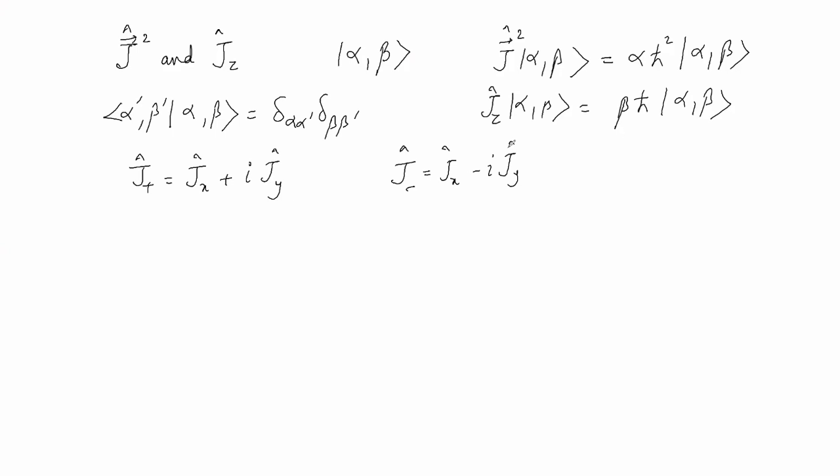And then we saw how J plus minus operates on alpha beta. Besides that, we also looked at the commutation relation of J plus minus with Jz, and we found that it is nothing but plus minus h cross J plus minus, and the commutator of J square with J plus minus was equal to 0.